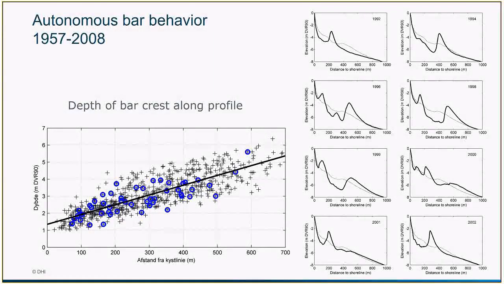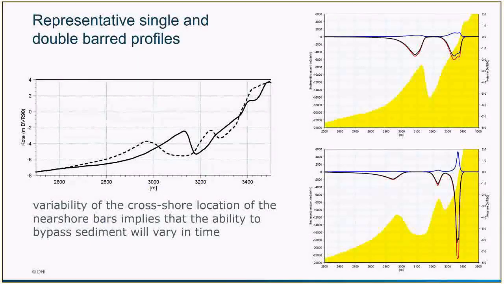Then, depending on the distance between the bar and the shoreline, we have an increasing depth when we get far from the coastline. So that was a very interesting study and very useful when designing the harbor, because it was important to identify the sediment transport for these different types of profiles.